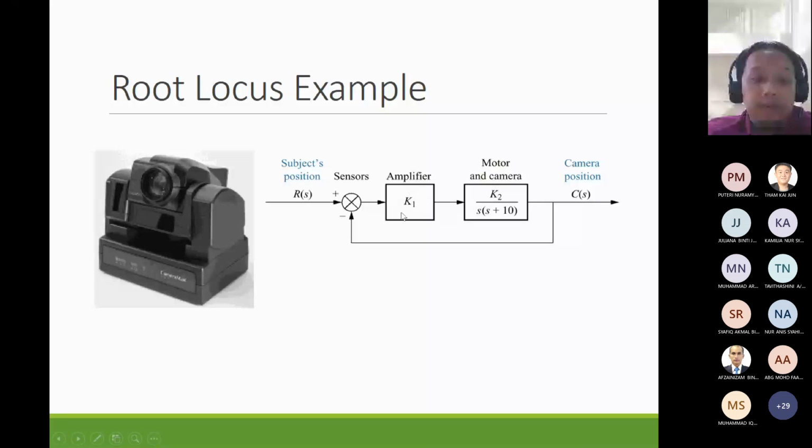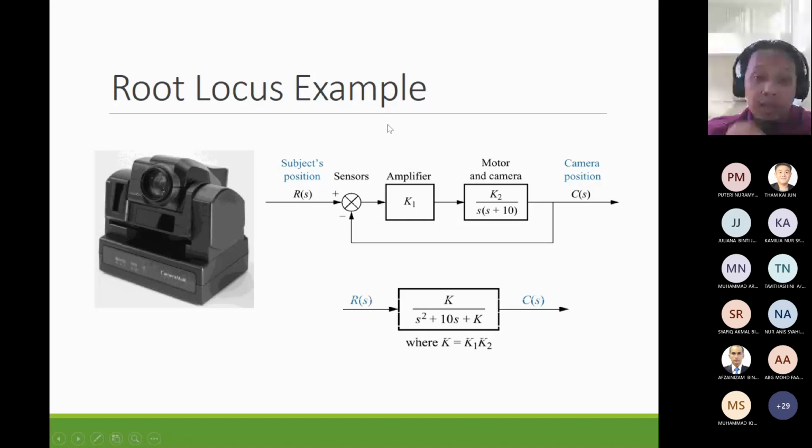The amplifier will have a gain, here K1. The camera also has a motor that rotates the camera, and then the camera itself. In this example, the motor and camera have a transfer function K2 over s times (s plus 10). And the system is in unity feedback, so this is a unity feedback system.